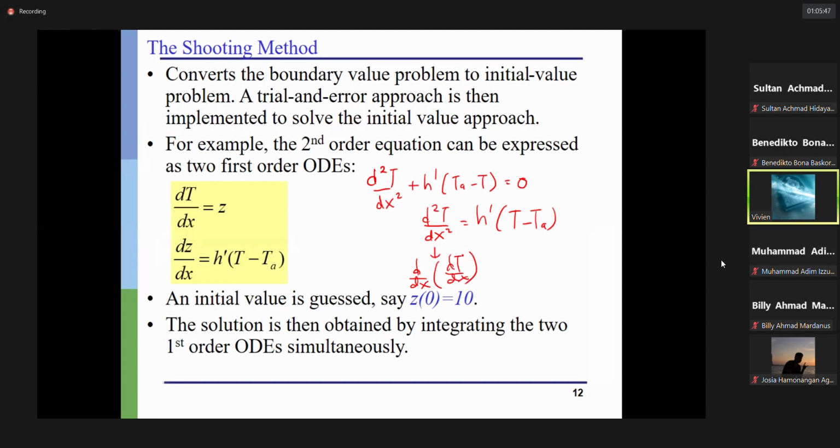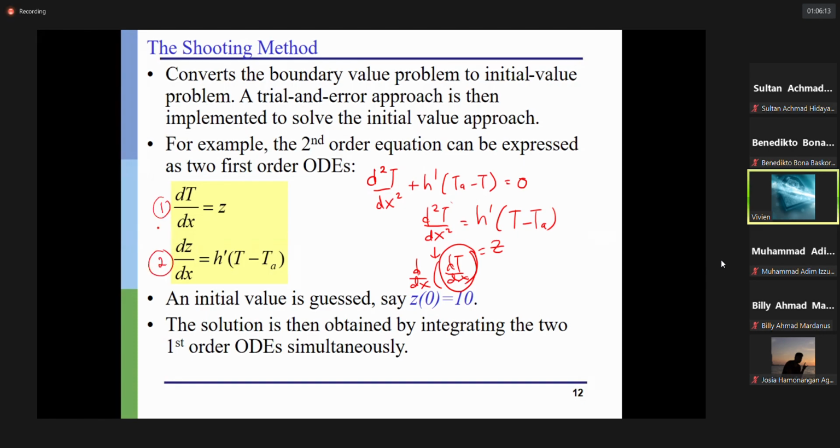If we substitute dT/dx with z, then dz/dx equals h'(T minus T_A), and the first equation is dT/dx equals z. So we have two equations to be solved.